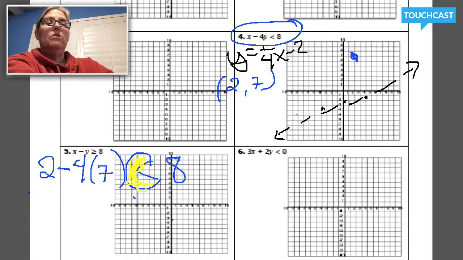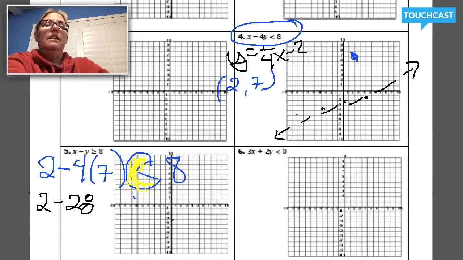Alright, so I need to do some simplifying here. So I'm going to simplify. So 2, and then I have -4 times positive 7 is a -28, so I have 2 and a -28, and that still has to be the smaller one.